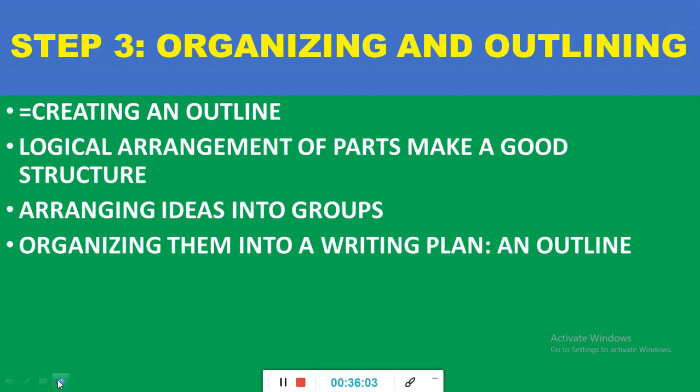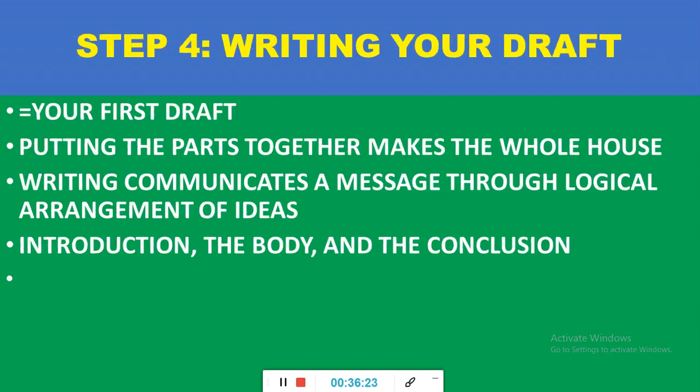You need to organize your ideas into relevant or related groups, and then organize them into a writing plan, which we call an outline. This is really very, very important. If what you are writing is important, then you have to attach the importance it deserves.